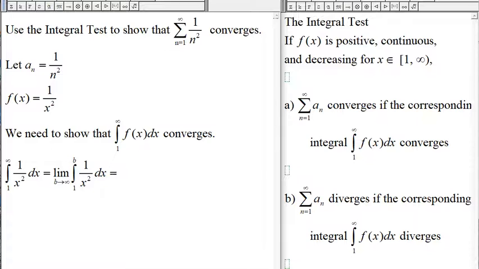And then this is the limit. Let's rewrite 1 over x squared. 1 over x squared is the same as x to the negative 2.